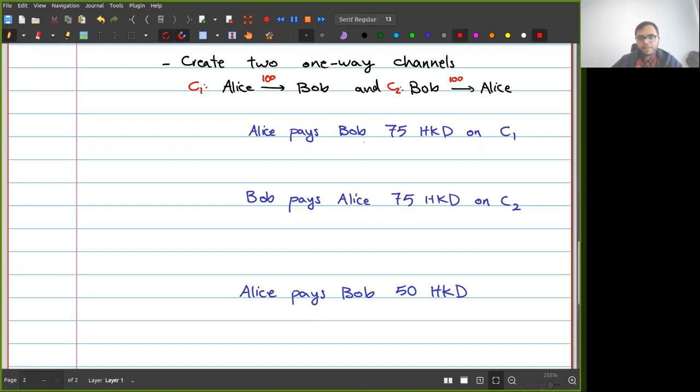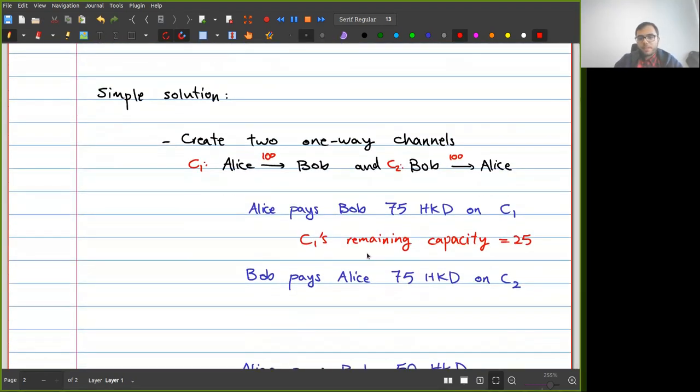So when Alice pays Bob 75 Hong Kong dollars on channel 1, then channel 1's remaining capacity is only 25. Right? And by this, I mean that Alice can pay at most $25 more to Bob using channel 1.